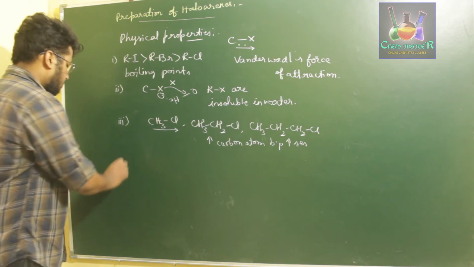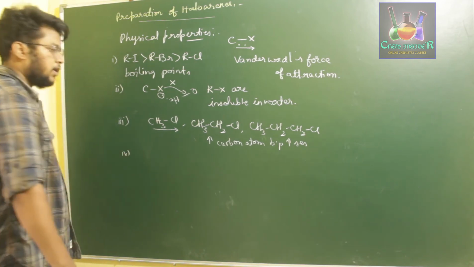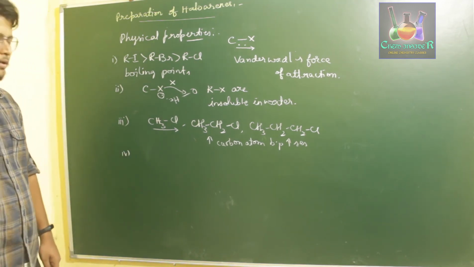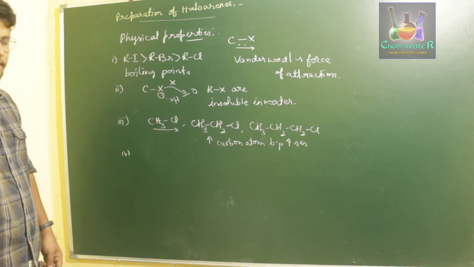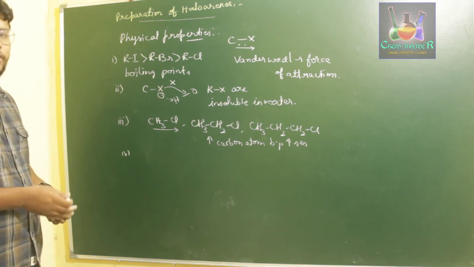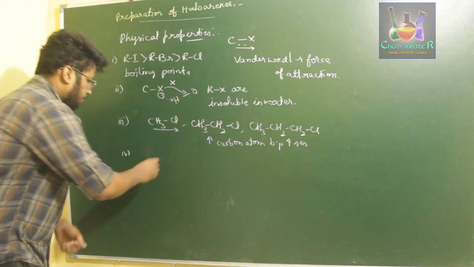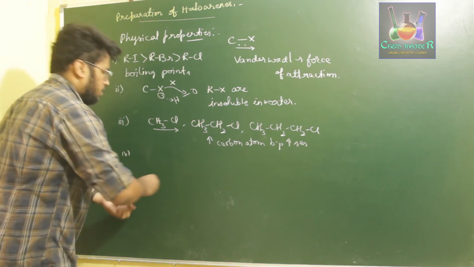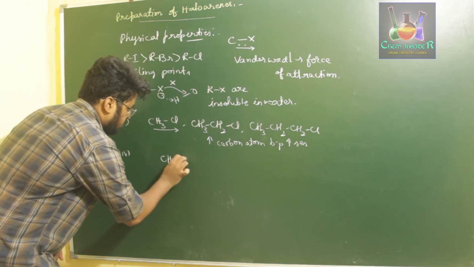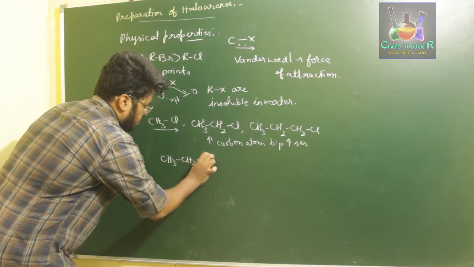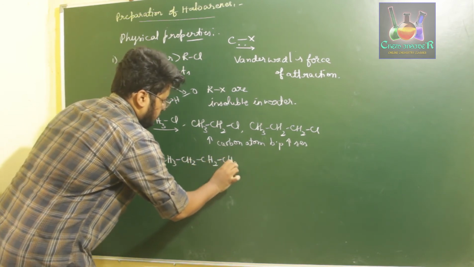But what we observe, in the fourth point, is that if there is branching present, then the boiling point decreases. Consider CH3CH2CH2CH2Cl.